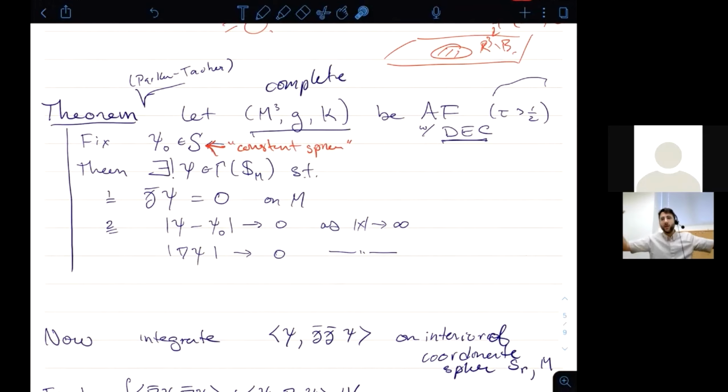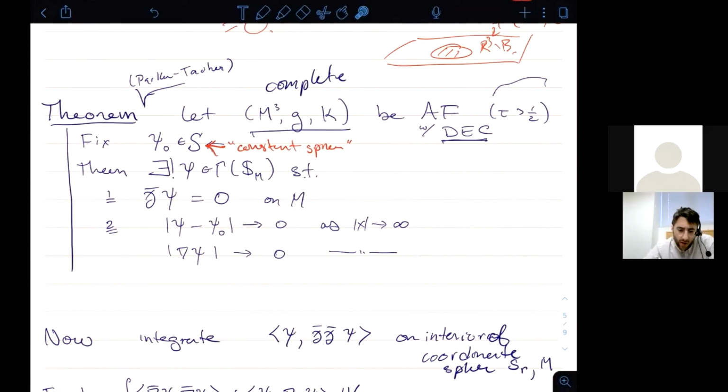And also some other conditions. I'm not stating this in full generality. They prove something stronger, but I refer you to their survey and their paper for these more detailed statements. Also the gradient of psi goes to 0 as well.